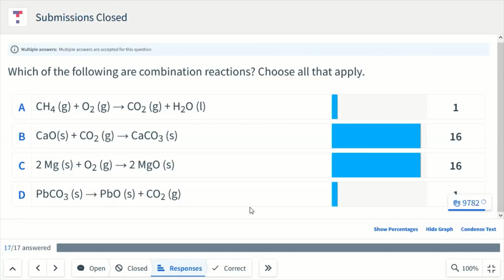Letter D is a decomposition. It's the one that we just talked about. Breaks apart. B and C, B is definitely combination. We're talking about two compounds coming together to make one. C, again, we can make an argument that it is combustion because of the oxygen, but it's definitely also combination since we have a single product.